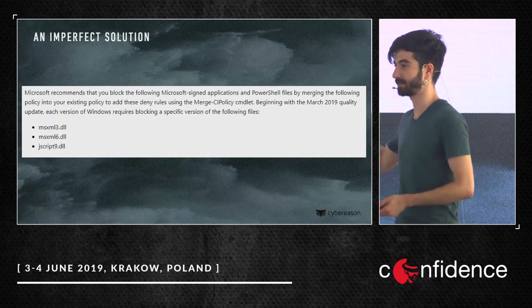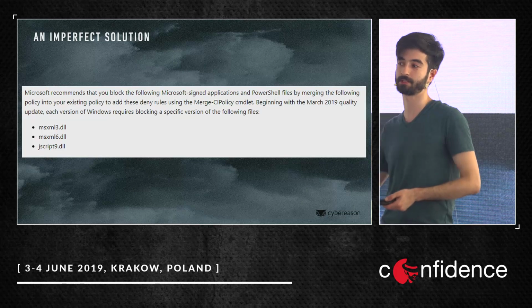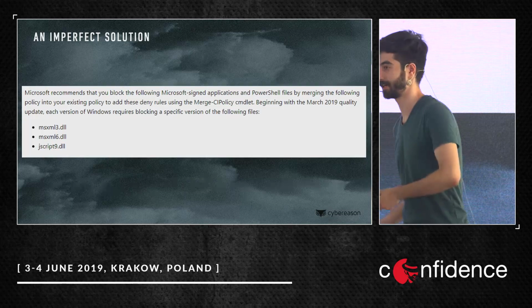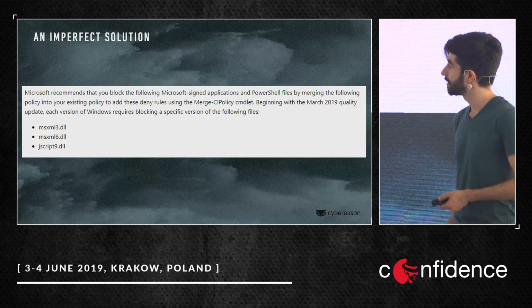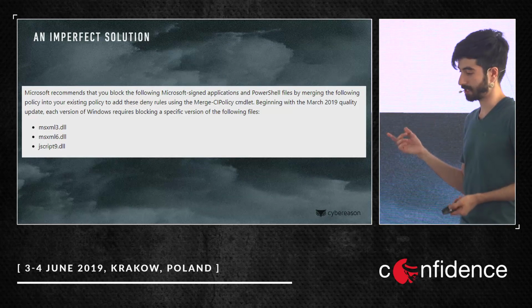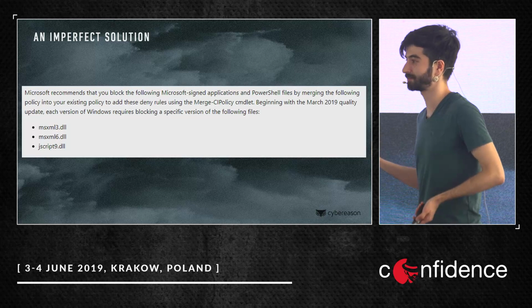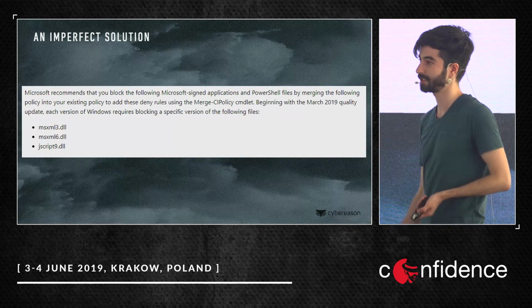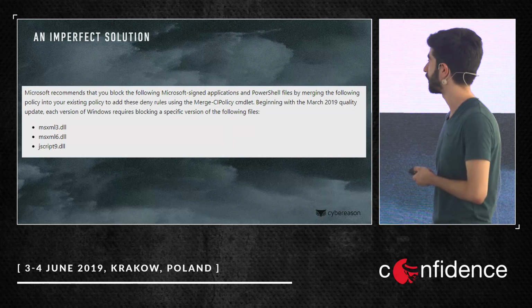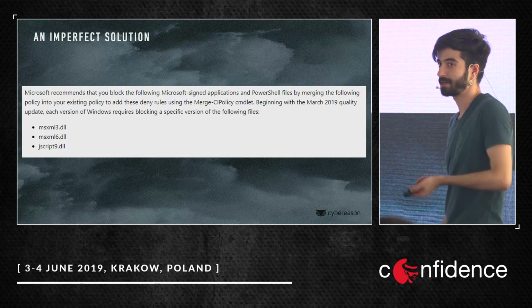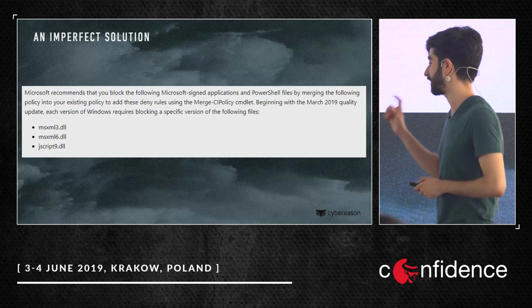So there's just an XML that you add to your policy, and then none of these things can run because they're explicitly blacklisted. But this is really not enough because this doesn't update with every single Windows update, and also, at least up until now, was only relevant to strictly Device Guard bypasses.